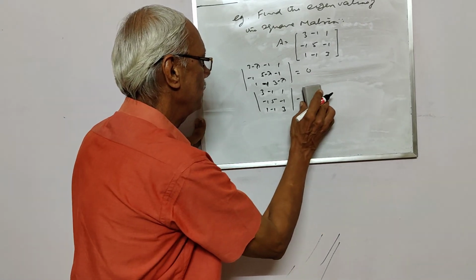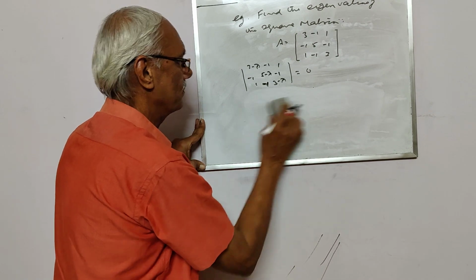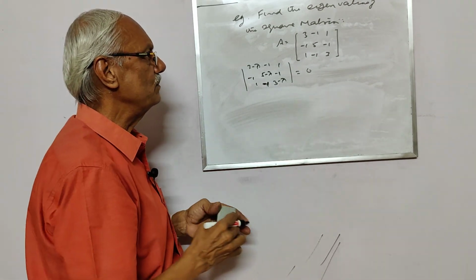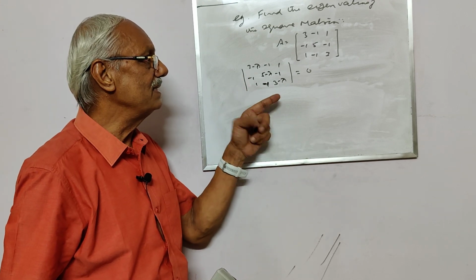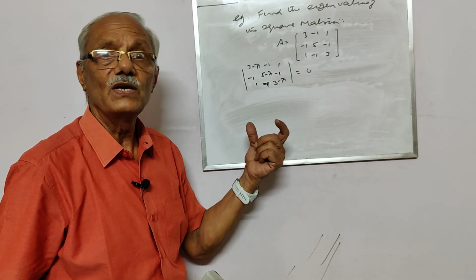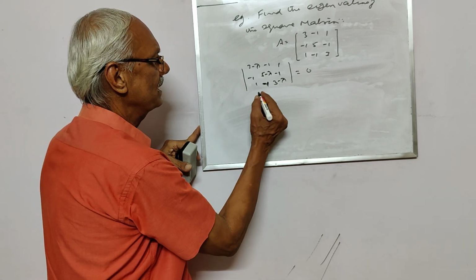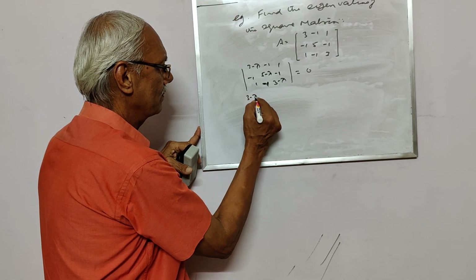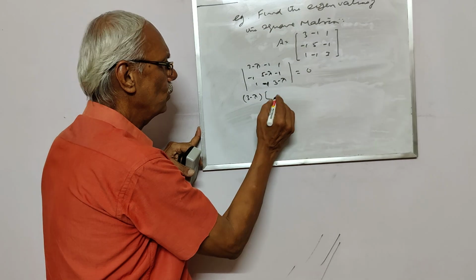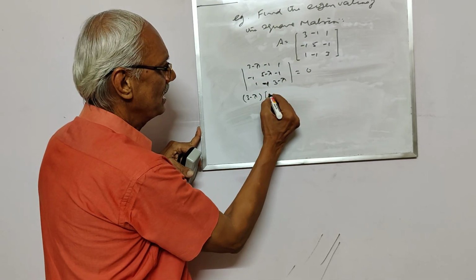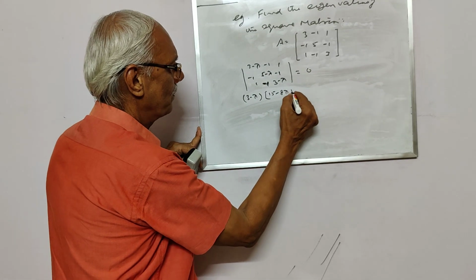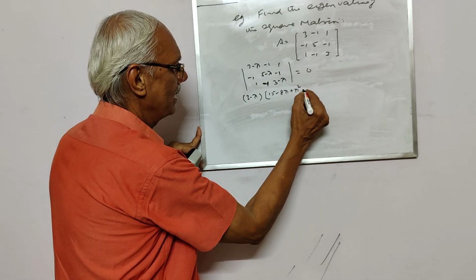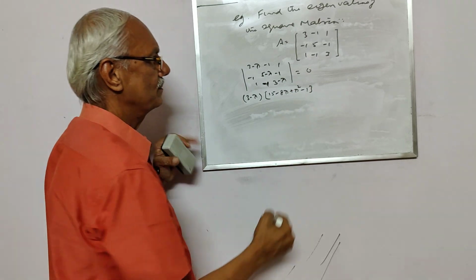So this equation has to be solved. Now how to solve this? You find the determinant of this. How to find the determinant? 3 minus lambda into 5 minus lambda times 3 minus lambda gives 15 minus 8 lambda plus lambda squared, minus 1.